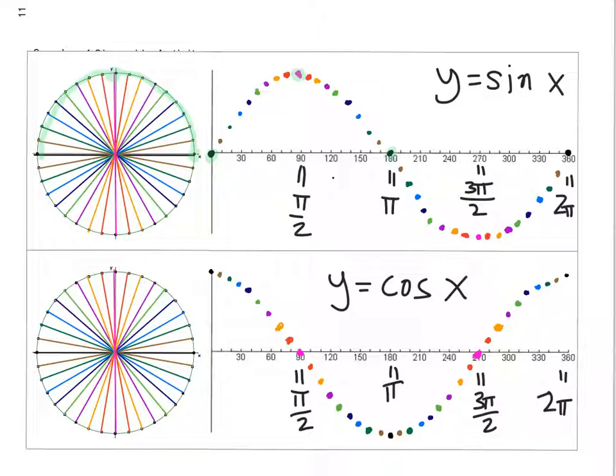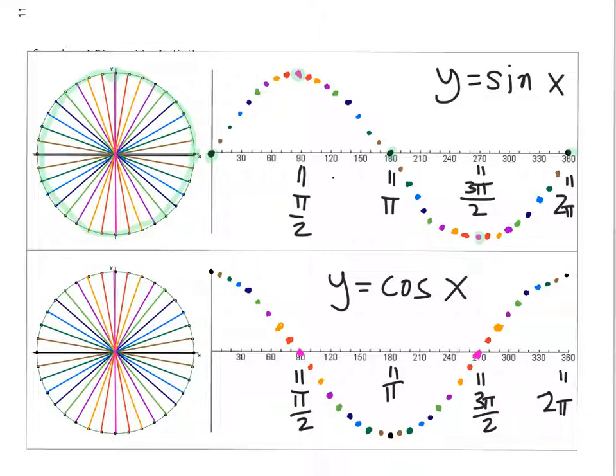Then I come down to the bottom of the circle, so that's my minimum at -1 when I'm at 3 pi over 2. And then I go back to 0 in the middle at 2 pi. If I were to keep going around further, this cycle would keep repeating, and that's why sine is known as a periodic function.